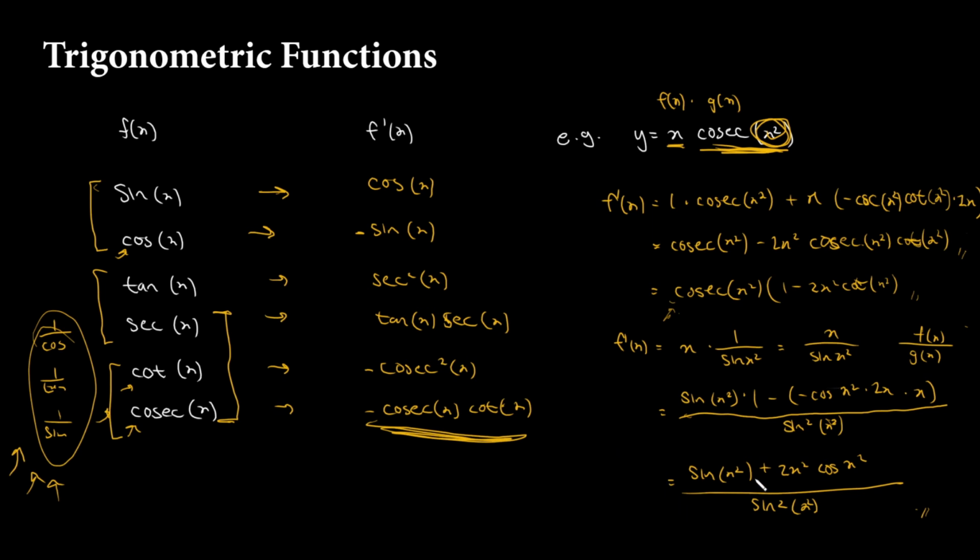But if you want to try it yourself, a hint is to start by separating the fractions and then change all the terms in terms of cotangent and cosecant. Trust me, the results are the same. So that's an example of how you would deal with trigonometric functions and their derivatives.